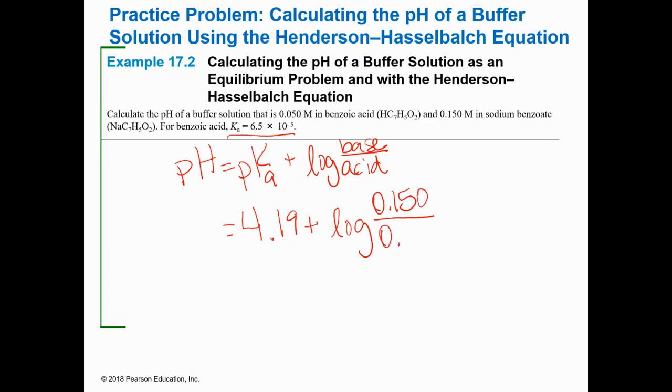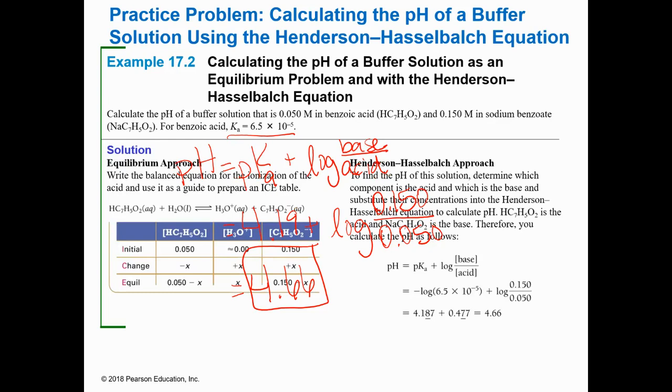And then on the bottom is our benzoic acid. So this happens to be the log of 3. And I get that the pH is 4.66 total. And there's their answer, 4.66.